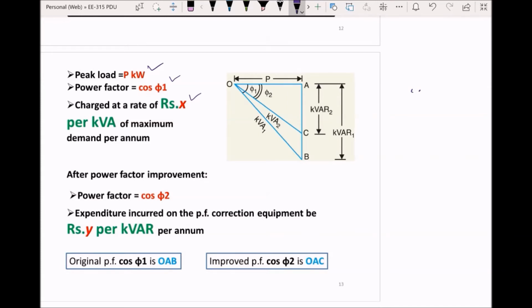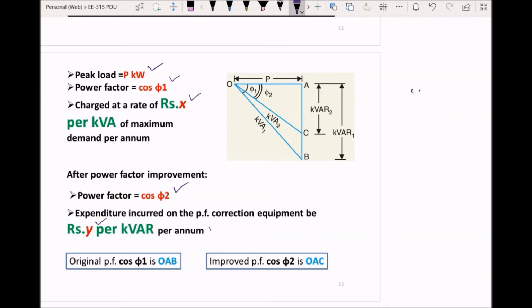The second part is that after the power factor correction, where the power factor becomes cos phi 2, the rate charged for the power factor improvement equipment will be rupees Y per kVAR per annum.